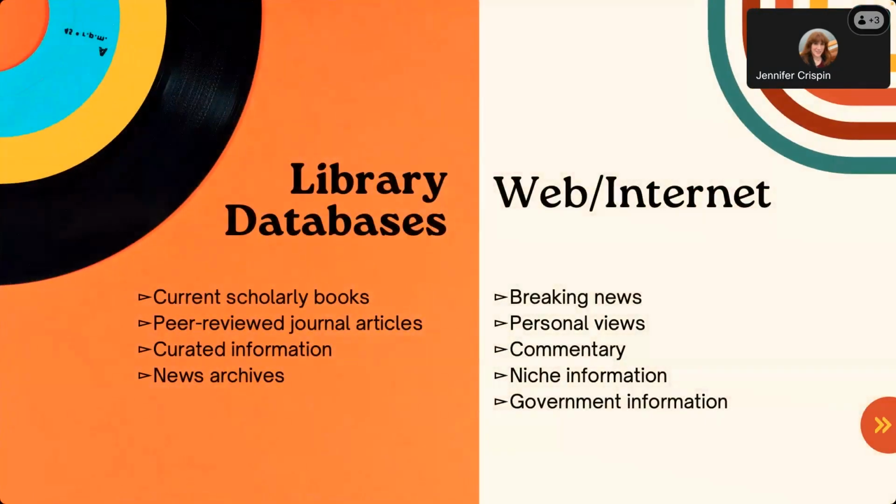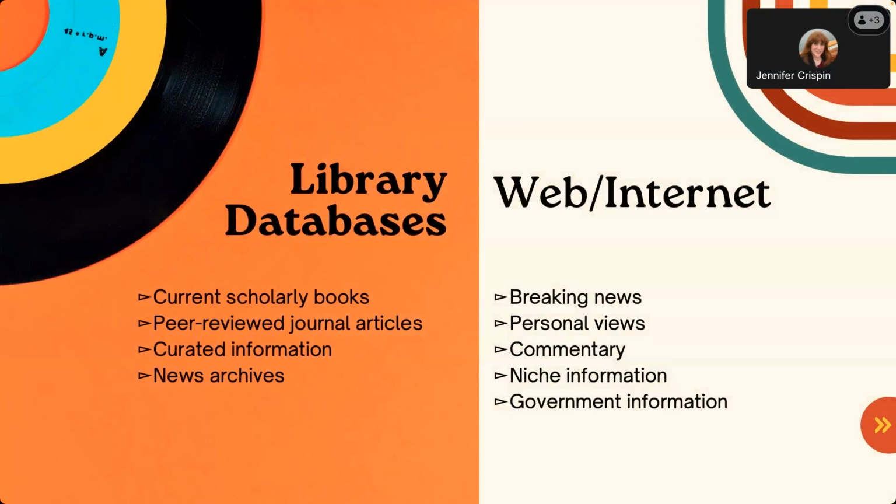Sometimes people wonder why they should bother with library databases, because they can be a little bit more complicated than just doing an internet search. But one of the things that library databases provide is items that otherwise you would have to pay money to access. So things like current scholarly books, peer-reviewed journal articles, curated information, news archives.